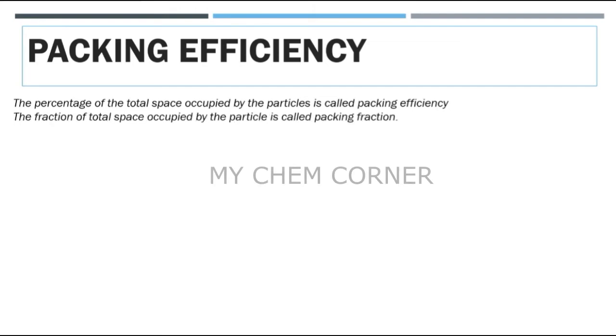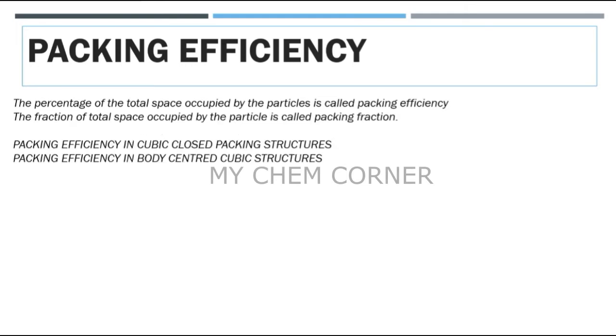The fraction of total space occupied by the particles is called the packing fraction. We will look at packing efficiency in cubic close packing, body-centered cubic structures and face-centered cubic structures, calculating the percentage of packing efficiency in each.